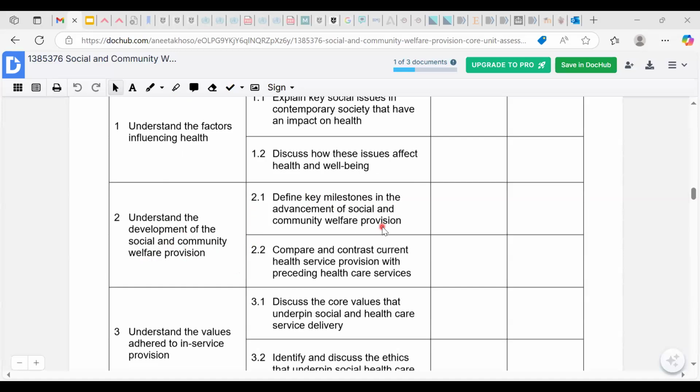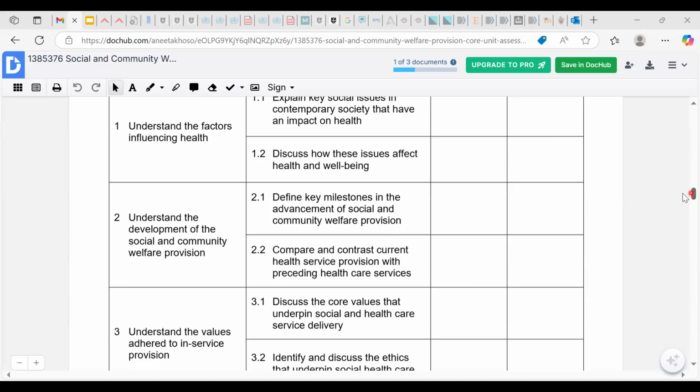Like in human body development, we talk about milestones, like what happens in the first year, the second year, the third year, what you can expect. Here we will talk about the key milestones in the advancement of social and community welfare provision. The second bit will be to compare and contrast current health service provision with preceding healthcare services. We'll do a comparison.